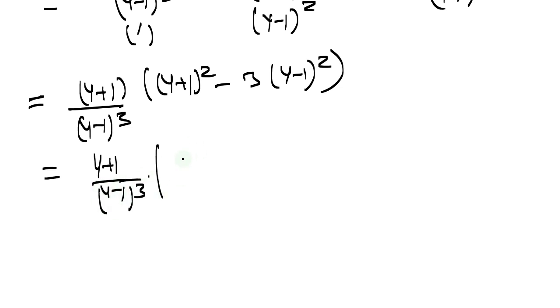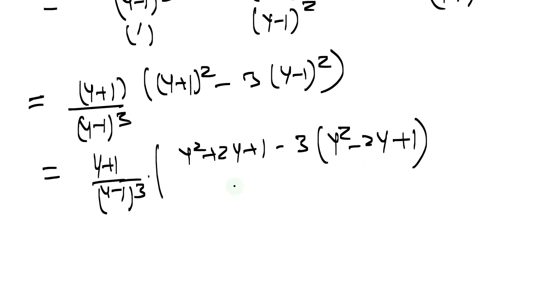Then this multiplies y squared plus 2y plus 1 minus 3y squared minus 2y, and then plus 1, close bracket, and then this is y plus 1. Guys, I'm gonna stop talking and just simplify this, okay?